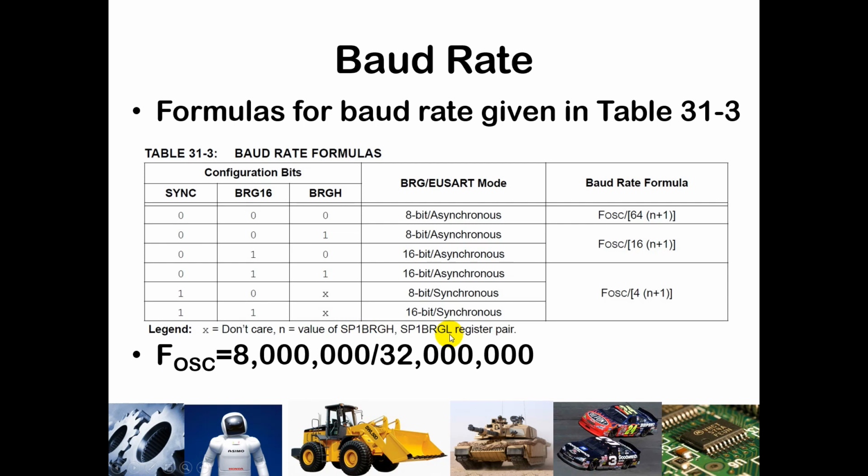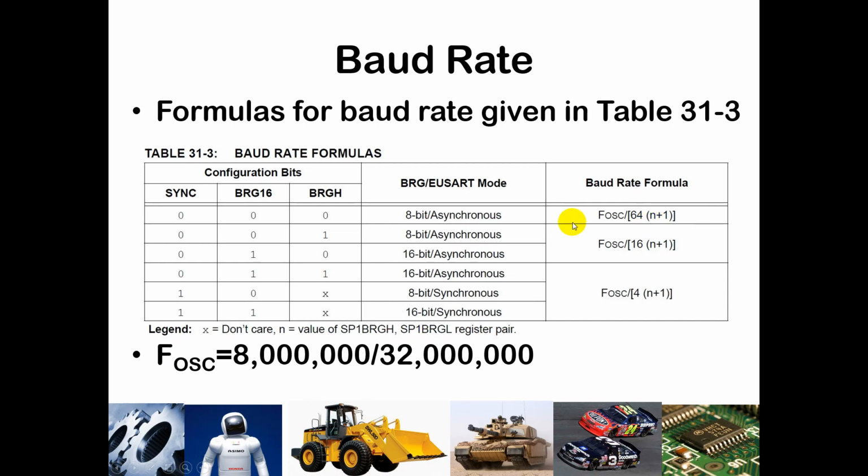That is a pair. If you're using 16-bit mode, then those two registers get put together as a full 16-bit control. And since we will just be using 8-bit mode, we will only be using the value in the SP1BRGL. So whatever value you put in there, that is the n that is used to divide this on down in the denominator.